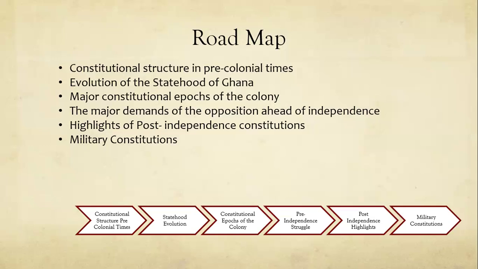And you notice that the kind of governance model which we have experimented with, and which culminated in the 1992 constitutional tablet, has had a certain checkered history. And that history is also linked to the opposition elements to the CPP just before we had independence. So we'll be looking at that.